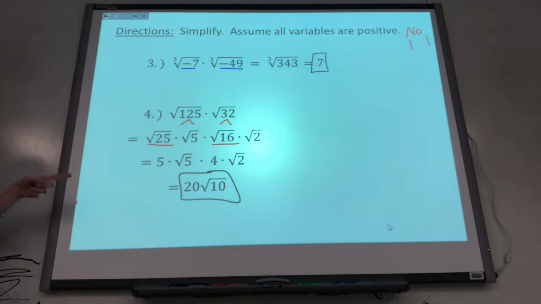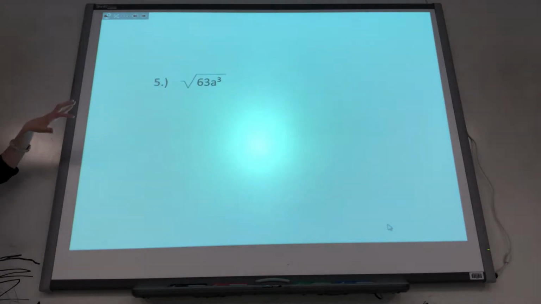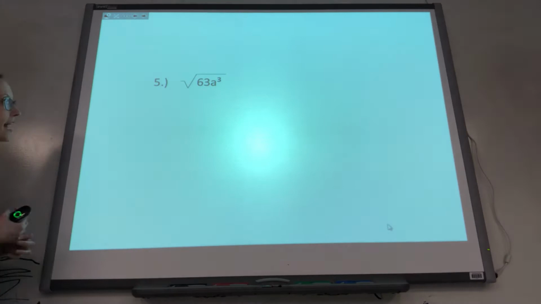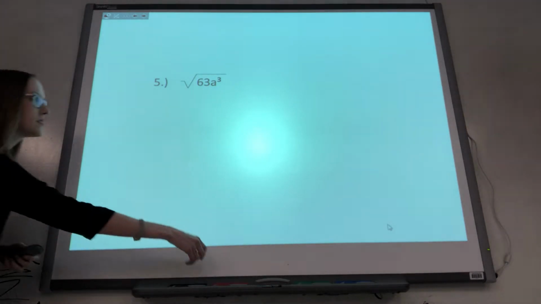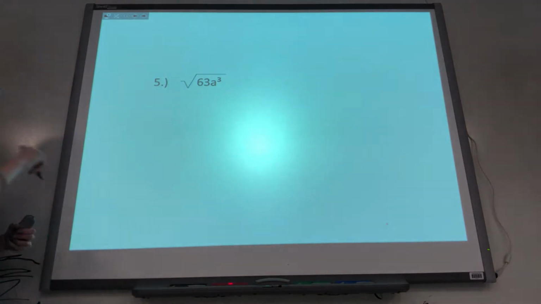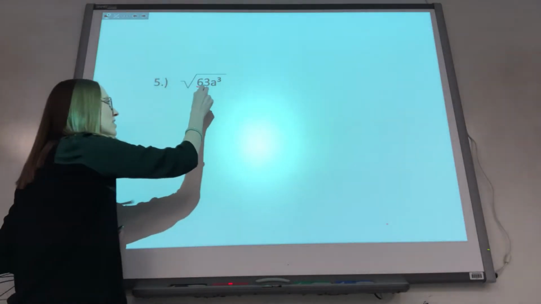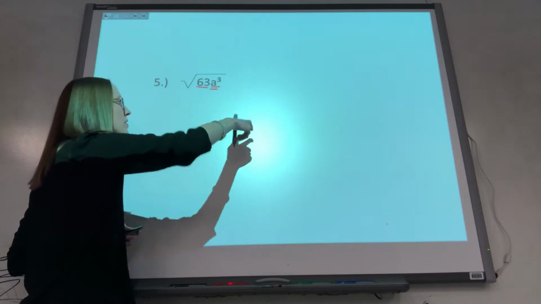Now, we also had problems in this section with variables. And again, they don't work out quite as nicely as they did in 6-1. So we'll have to figure this out. It's the square root of 63a cubed. I'm going to break it apart and look at each little thing separately.